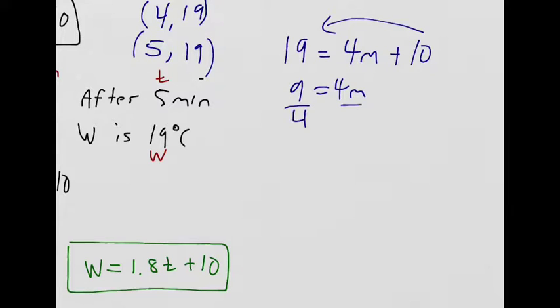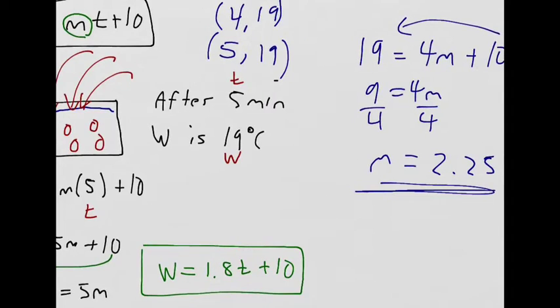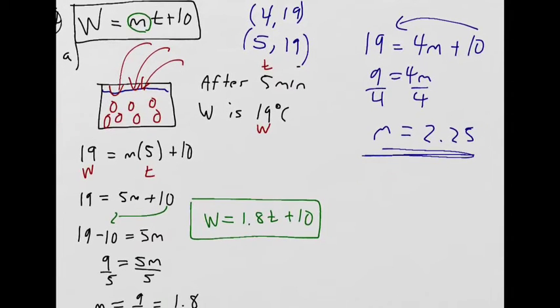Divide both sides by 4. So 9 over 4 is 2.25. So we got a different value for the slope, right? It should have been, what was it, 1.8? But because we used a different point that wasn't on the line, we got a different value for the slope. So you run a risk there using something that isn't on the line.